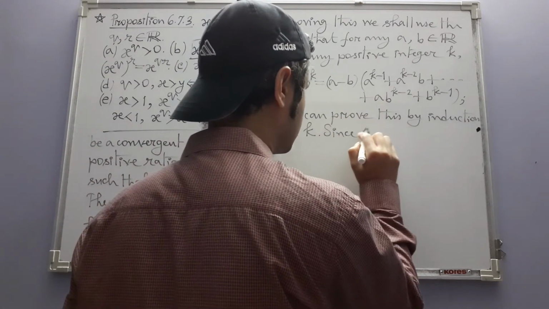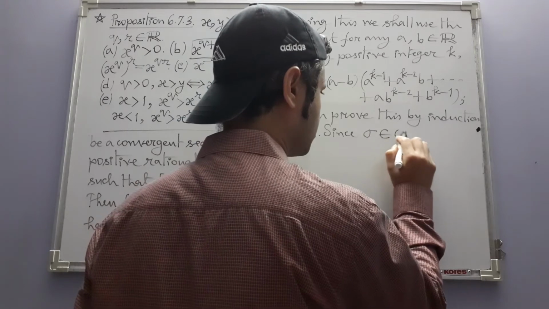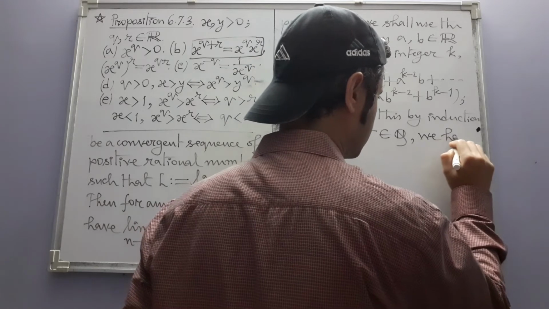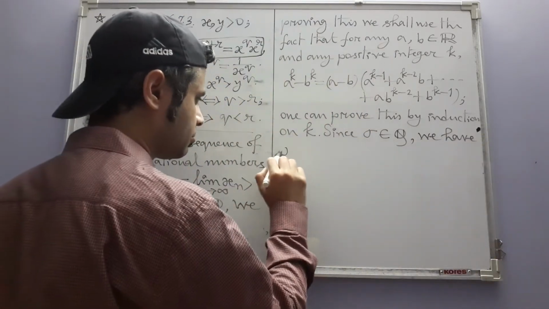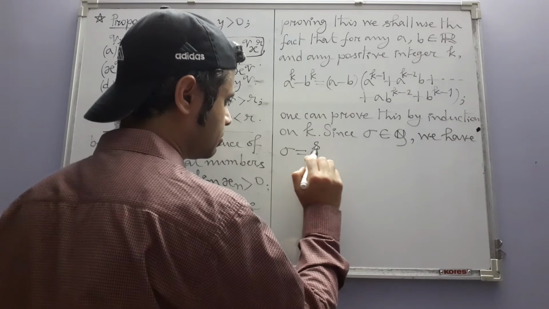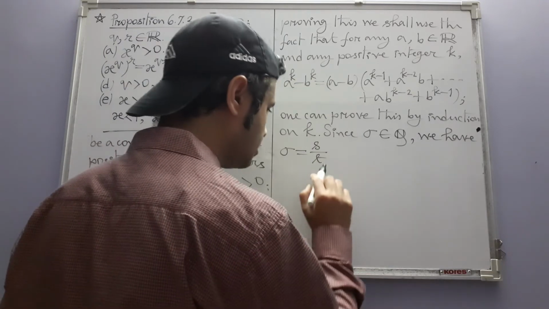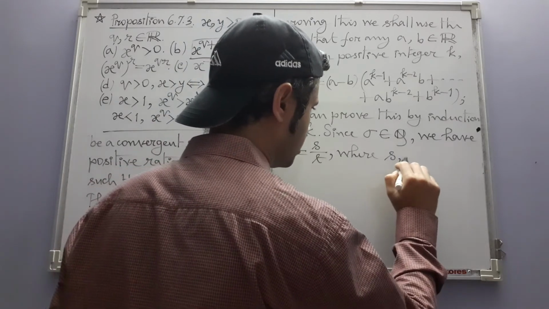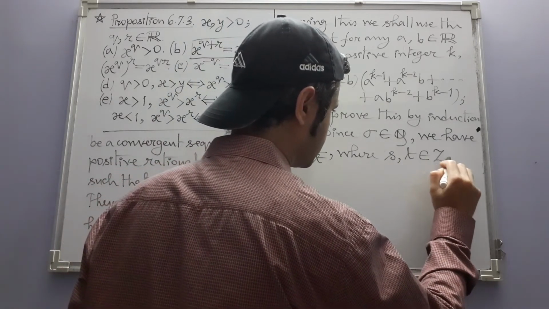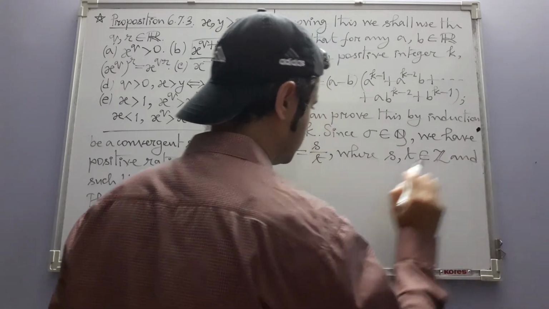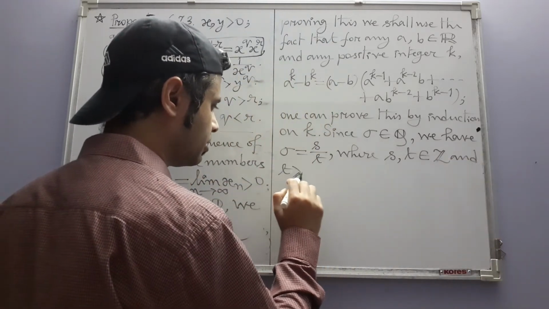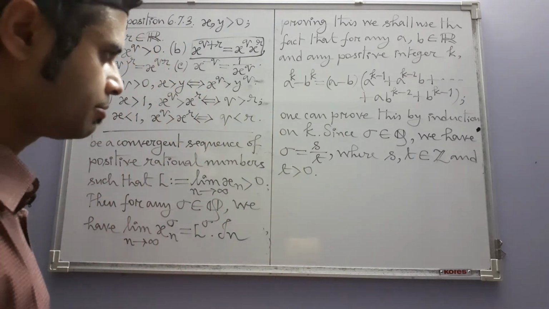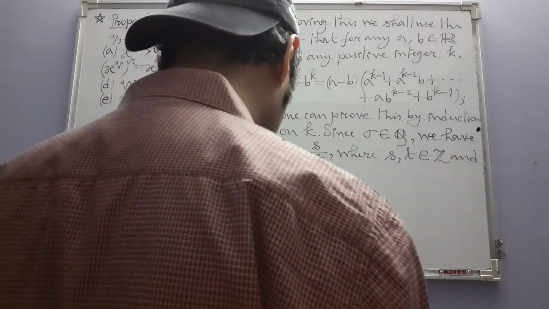Since sigma is rational, we have sigma equal to s divided by t, where s and t are integers and t of course can be conveniently chosen to be a positive integer. That we can always do.